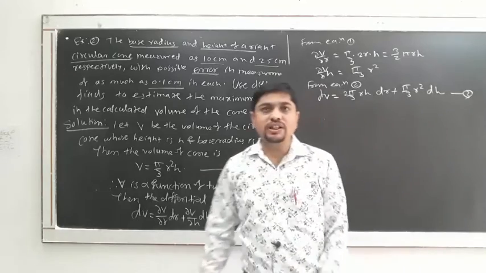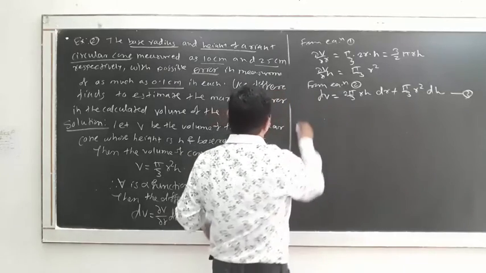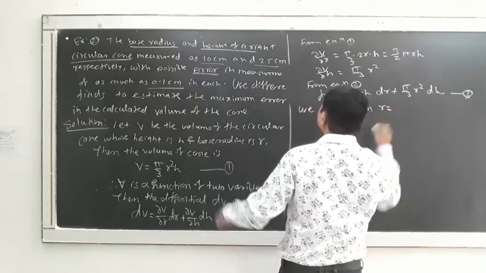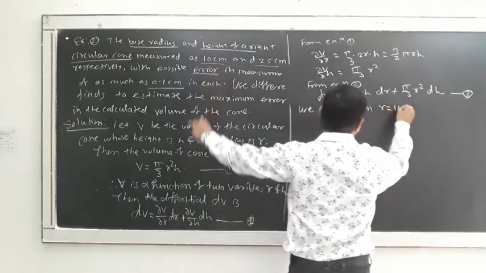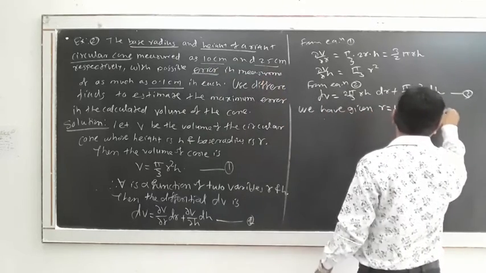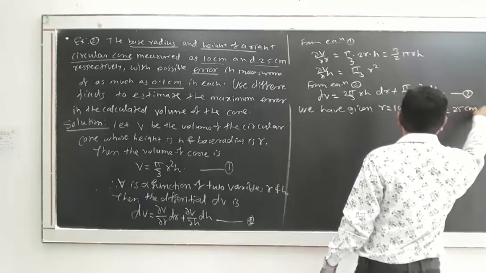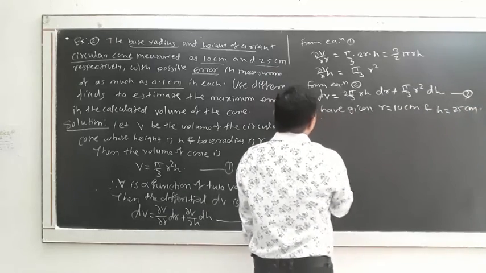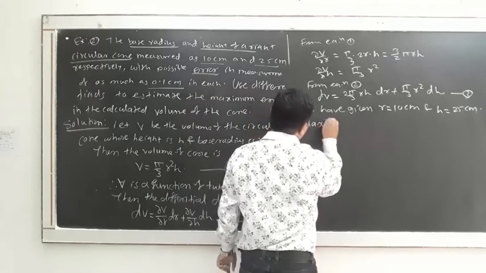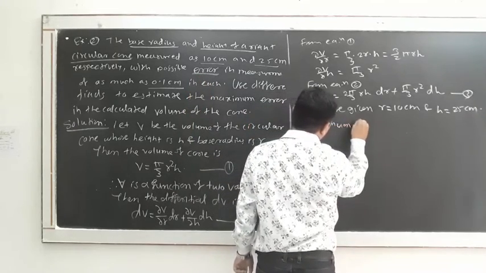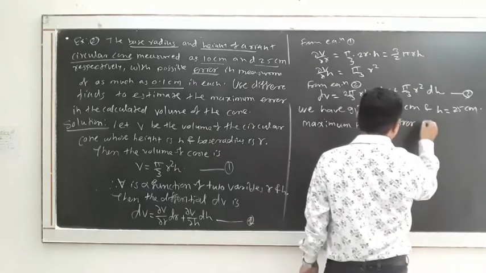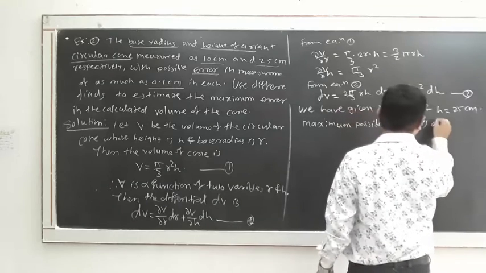Also what is given? We are given the base radius r is 10 centimeter, and height h is 25 centimeter. We are also given the maximum possible error, which is 0.1.